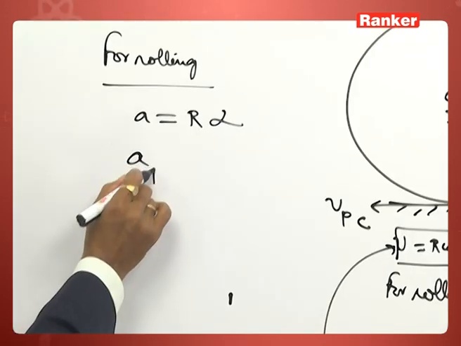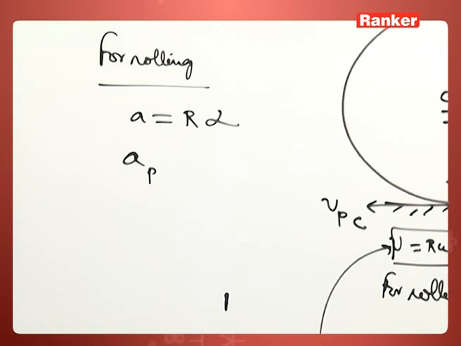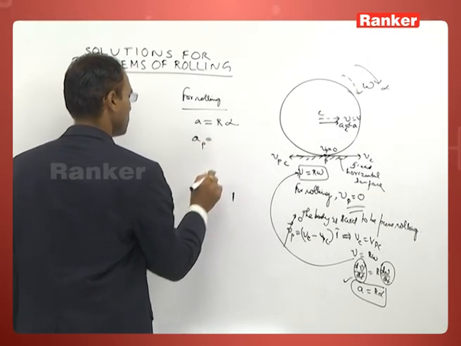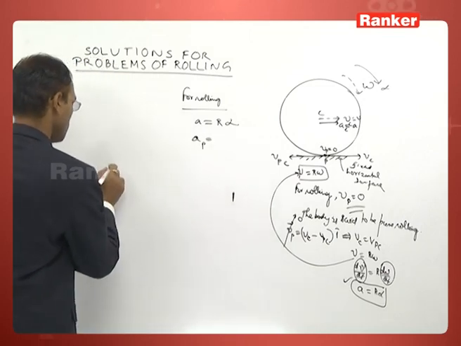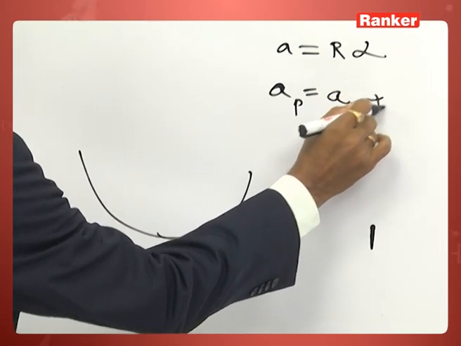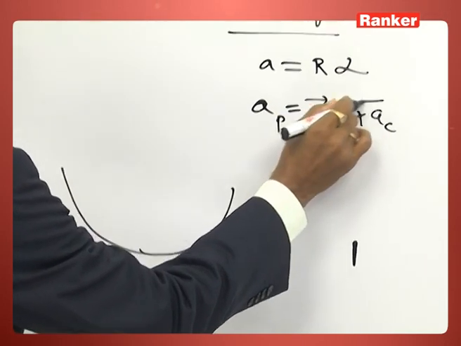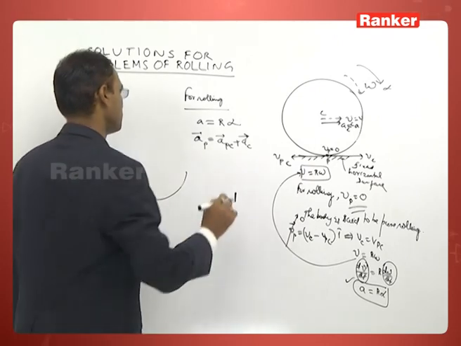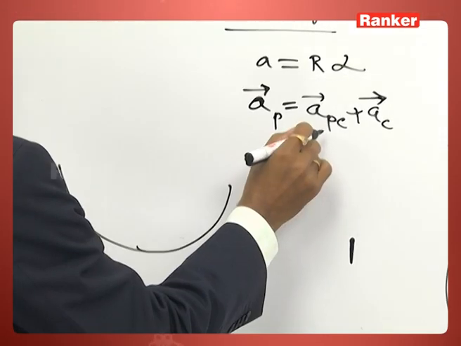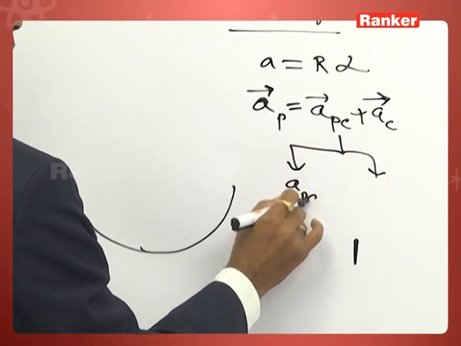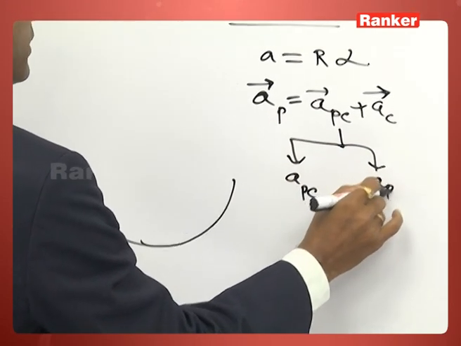Acceleration of the point P is equal to acceleration of the point P with respect to C plus acceleration of C. We are revisiting the kinematics of rolling. This acceleration has two components, APC tangential and APC radial.